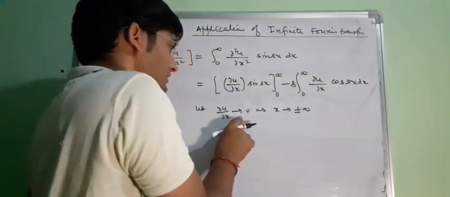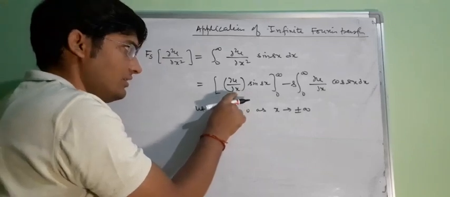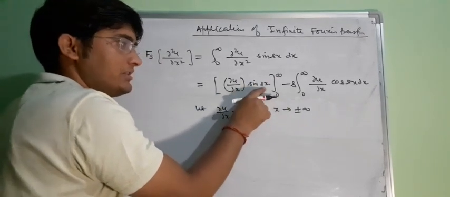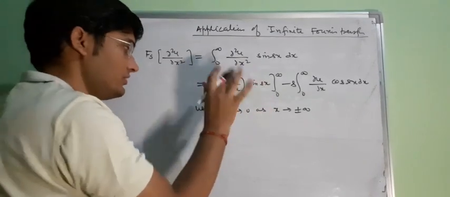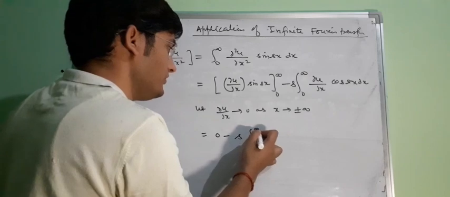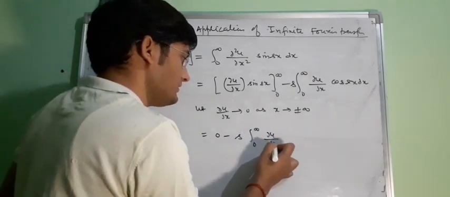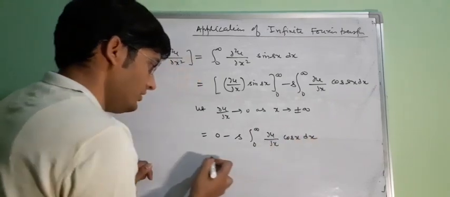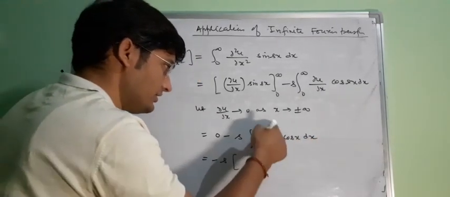So if this condition holds, then the upper limit will be 0, and for sin sx the lower limit will be 0. The first term is 0, and here we will get s times the integral from 0 to infinity of ∂u/∂x cos sx dx.